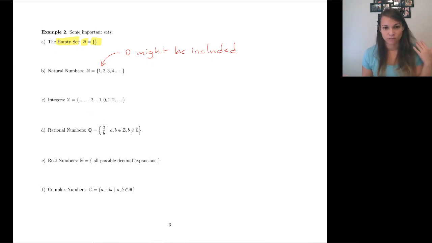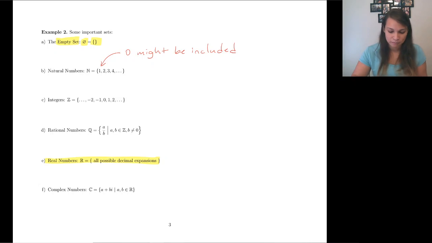Rational numbers, we have formally defined before. Real numbers, we haven't technically defined, but we've worked with them enough that you should know it's all possible decimal expansions, so 2.0 would be a real number, but 2.000001 would also be a real number, and 2.1 going on forever would be a real number.